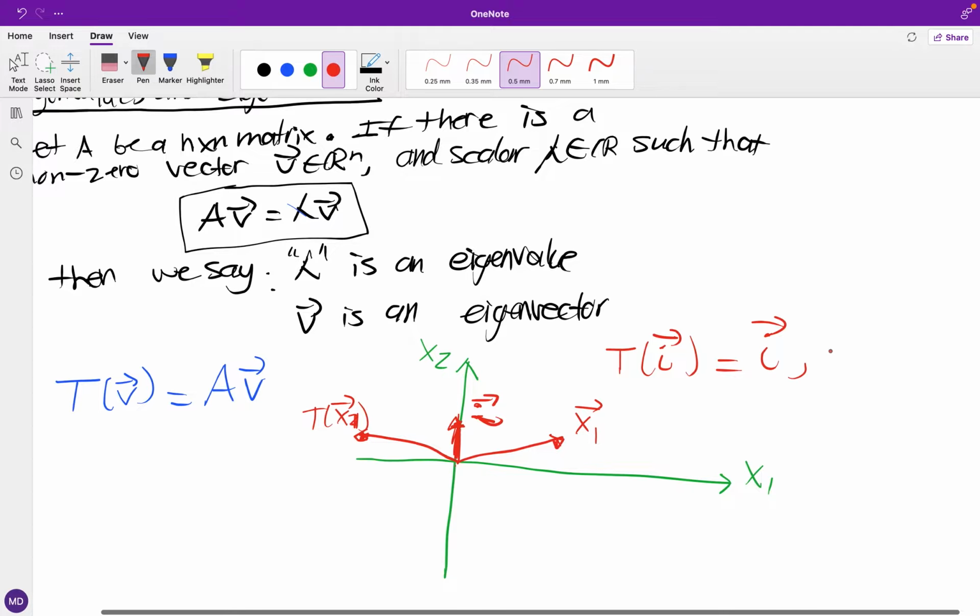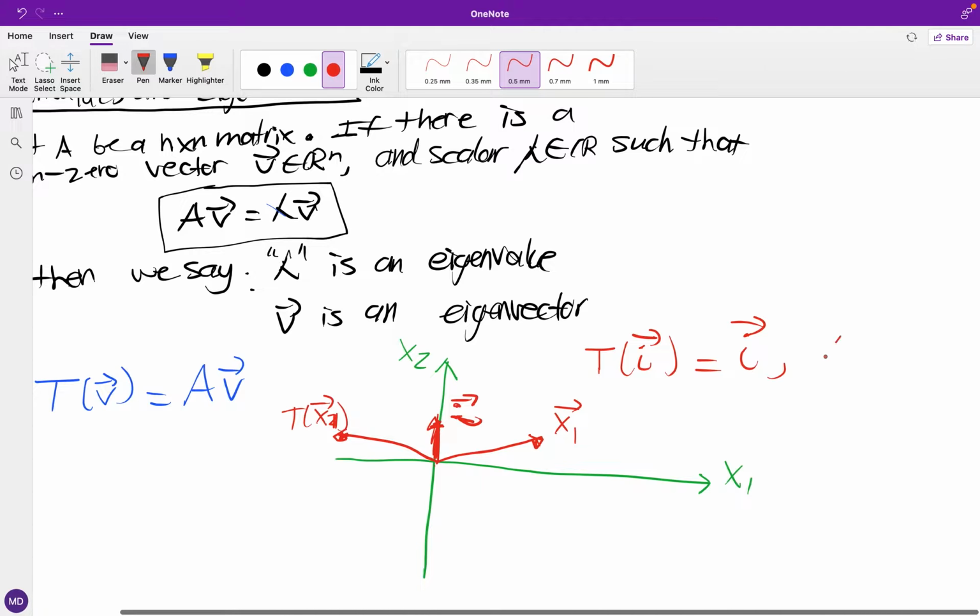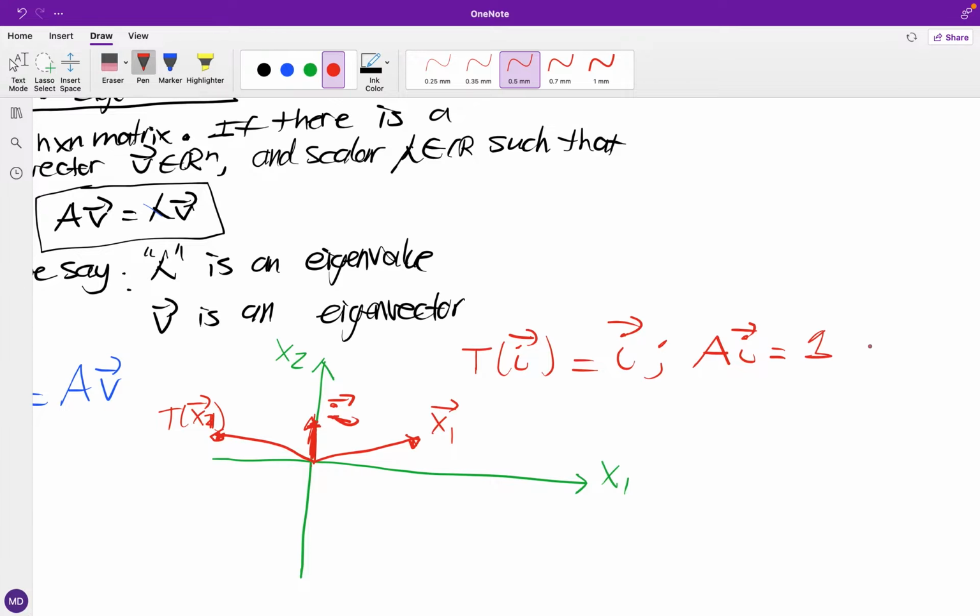Or we can also write it as a times I, because T of I is equal to 1 times I. And so in this case, the 1 would be our eigenvalue, and the I, we've just found an eigenvector here.